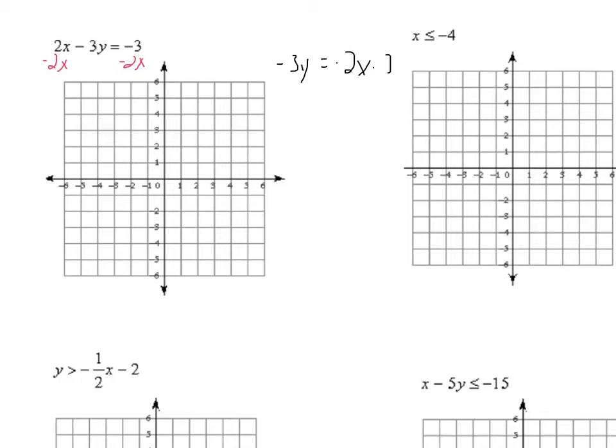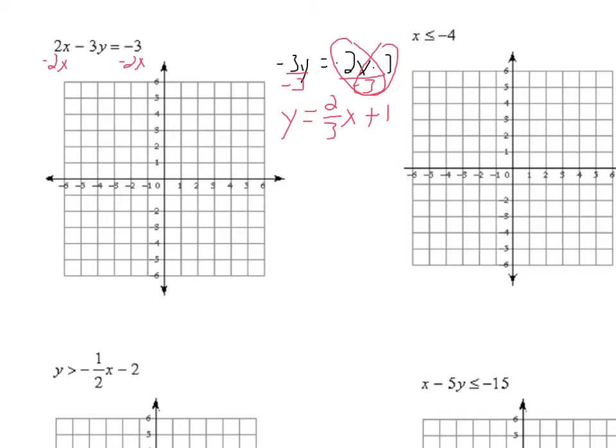I would then divide both sides by -3, which leaves me with y equals a positive 2/3 x. Then I have a positive 1.